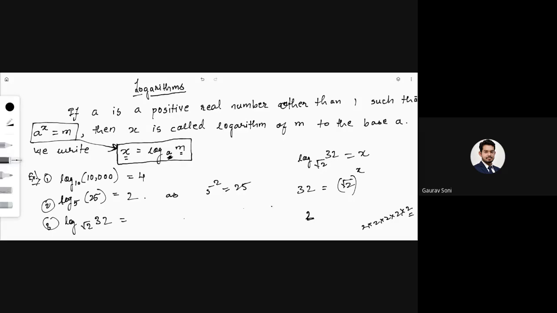So 2 raised to 5 is equal to 2 raised to x by 2, since root 2 I can write as 2 to the half. So this 2 and this 2 will get cancelled out. x is equal to 5 into 2, so x is equal to 10. If you want, you can write this calculation down so that you can relate to other examples.